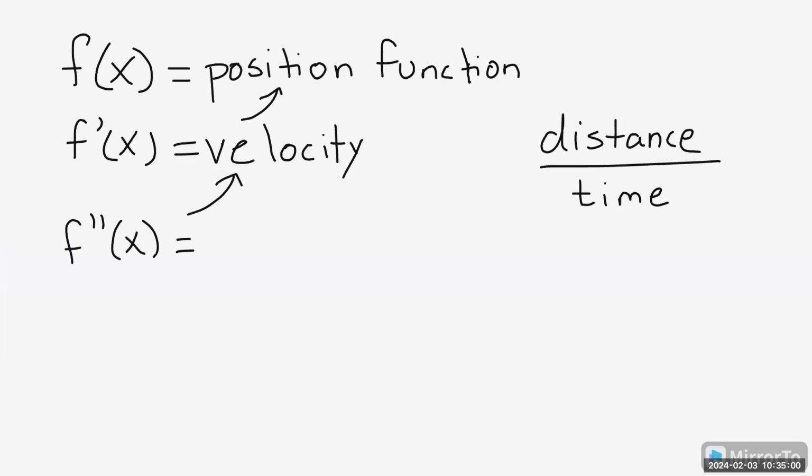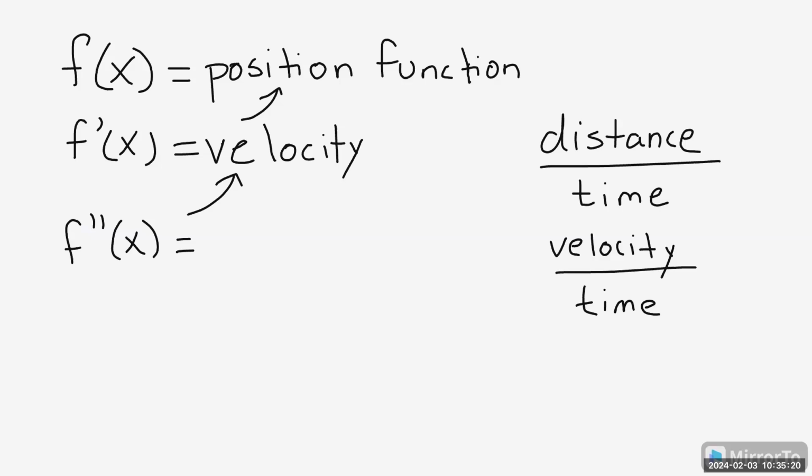So if you think about changing velocity, like if you're driving your car and you want to speed up, you want to change the velocity, what do you do? You press the accelerator.